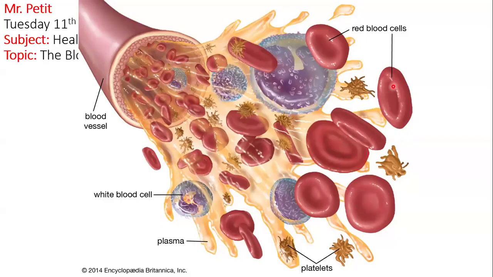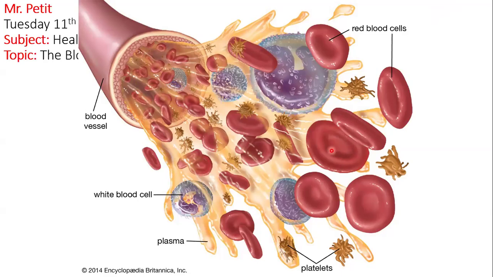Do the red blood cells have a nucleus? No, sir. Not the mature ones. Why? For more space to carry oxygen. They don't have a nucleus because their function is to transport oxygen throughout the body.